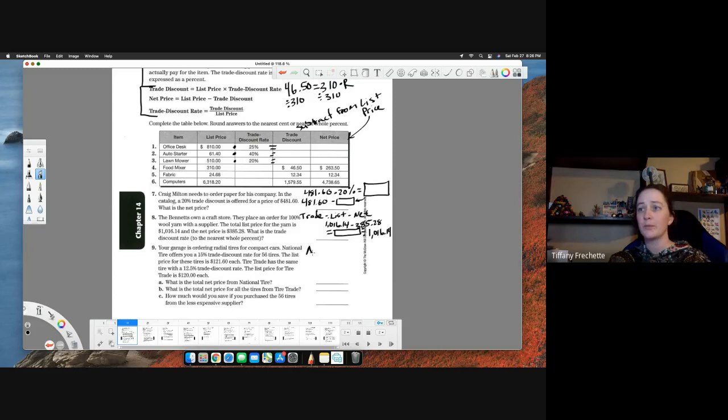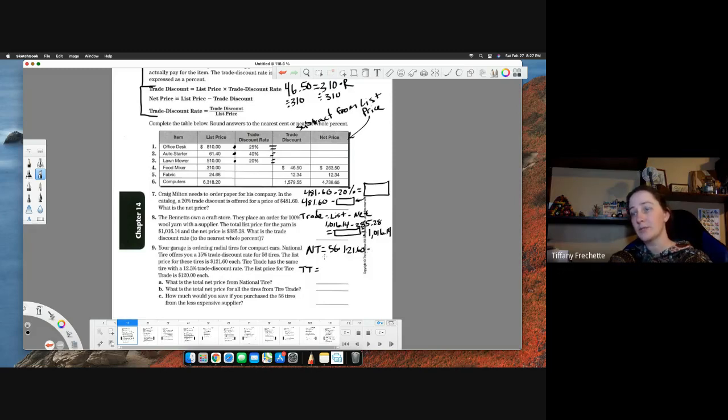So we need to work out National Tire and Tire Trade. I just did NT and TT there to shorten it. We need to make sure that we're paying attention to the whole amount here. So we have 56 tires times the whole amount, $121.60. And then we need to subtract our discount.